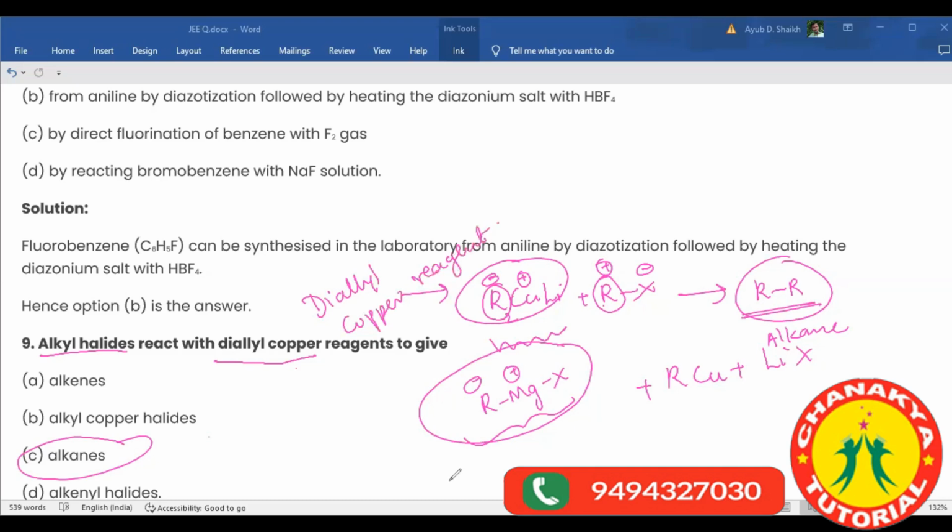And this is Grignard reagents. These two things you need to keep in your mind. Only these two reagents are there in which your alkyl group is electronegative, because copper and magnesium are more electropositive as compared to your alkyl group in this case. Understood? Fine. And these are very useful reagents for the preparation of a number of compounds.